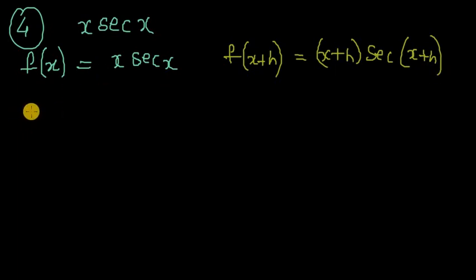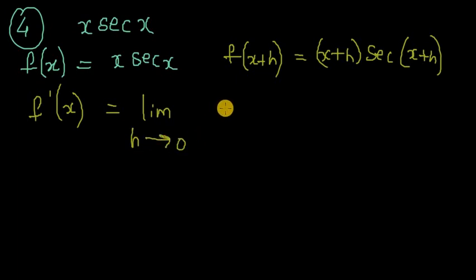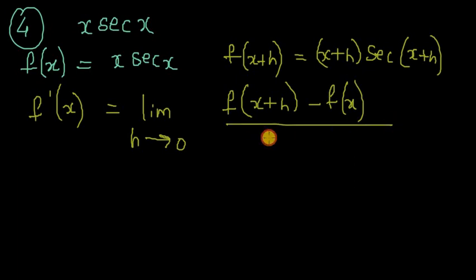So let's write the first principle of derivatives, that is f dash of x equals limit h tending to 0 of f of x plus h minus f of x upon h.